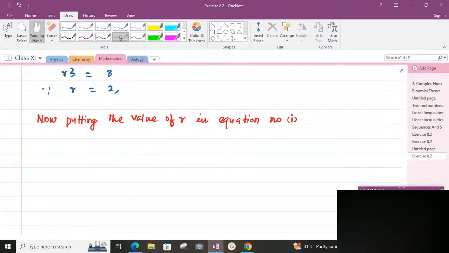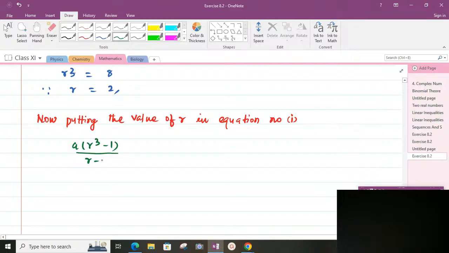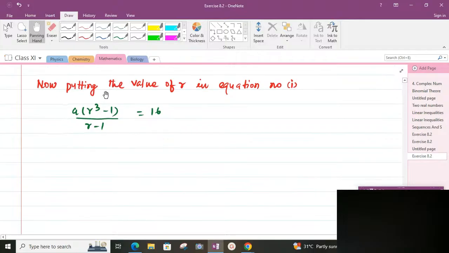So equation number 1 is A (R cube minus 1) by (R minus 1) equal to 16. So the value of R is 2. So we put here A (2 to the power 3 minus 1) by (2 minus 1) equal to 16.